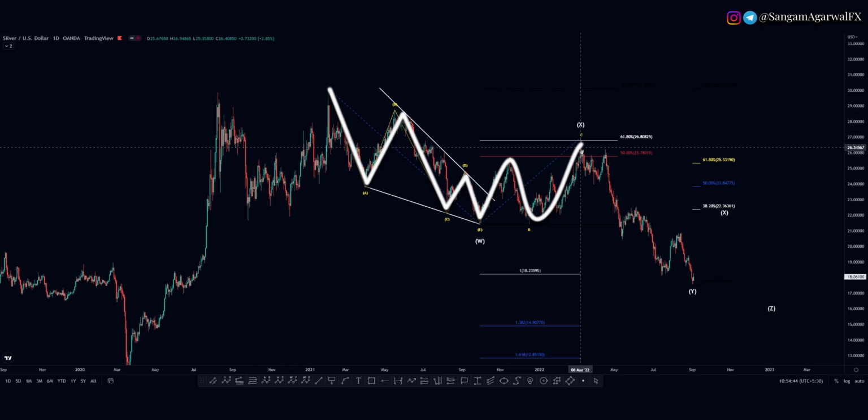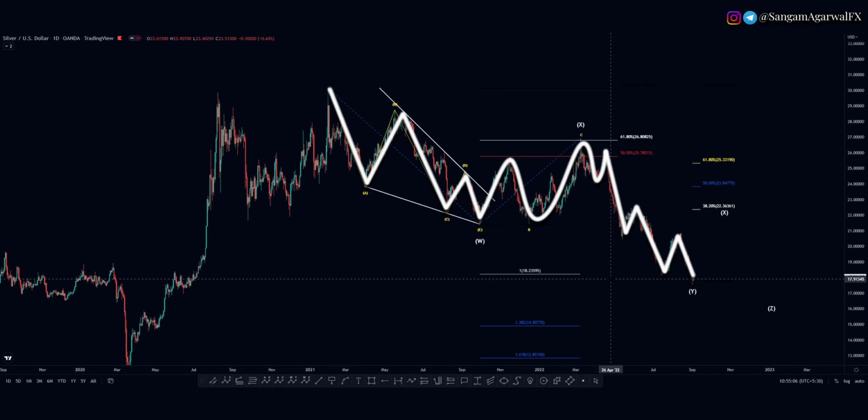And this was the time when gold made a double top at all-time high, but silver made a double top early. Then this crazy bear market in precious metals gold and silver started, and right now we are in wave Y.